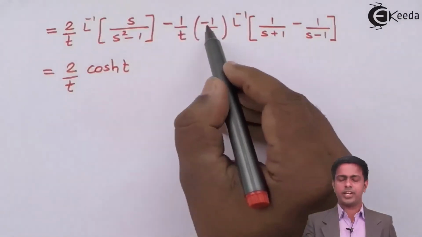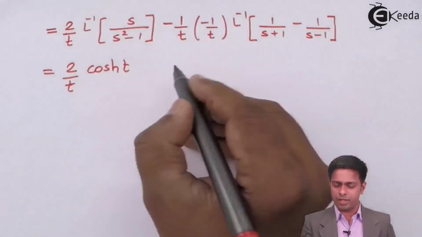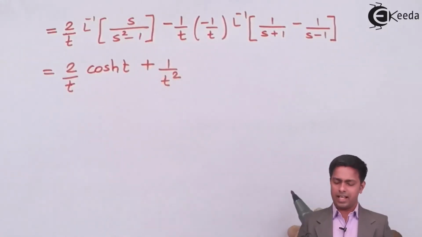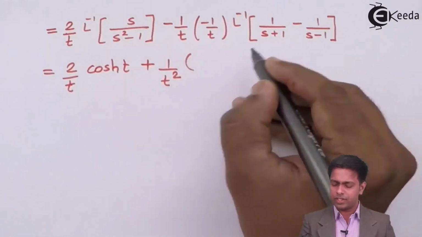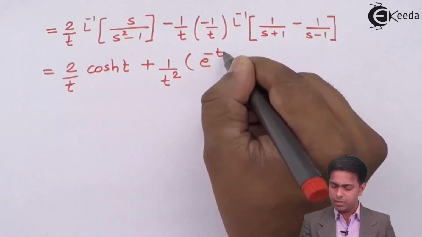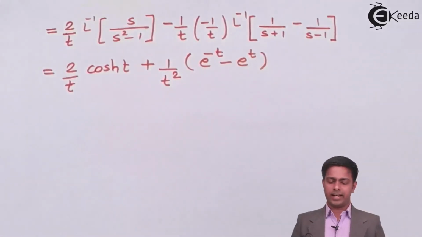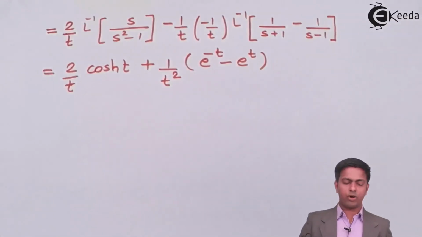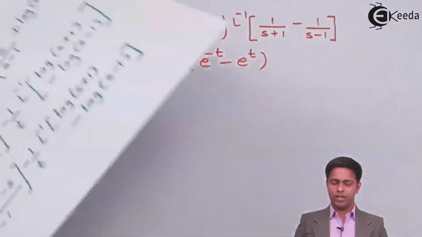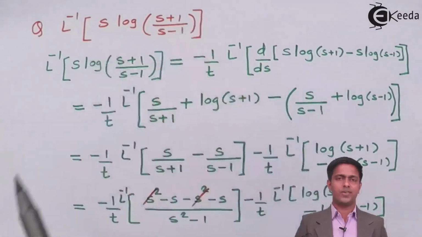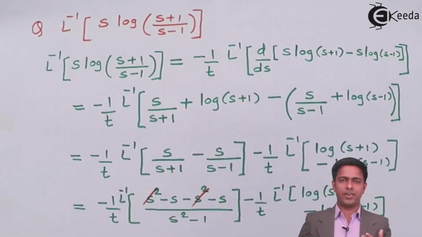Next, minus 1 by t into minus 1 by t will become positive 1 upon t square, and the inverse Laplace transform of this function is e to the power minus t minus e to the power positive t for the second function. And guys, if you see, here I got a function of t. So here we have found the inverse Laplace transform of this given function by applying the differentiation of phi of s property two times.